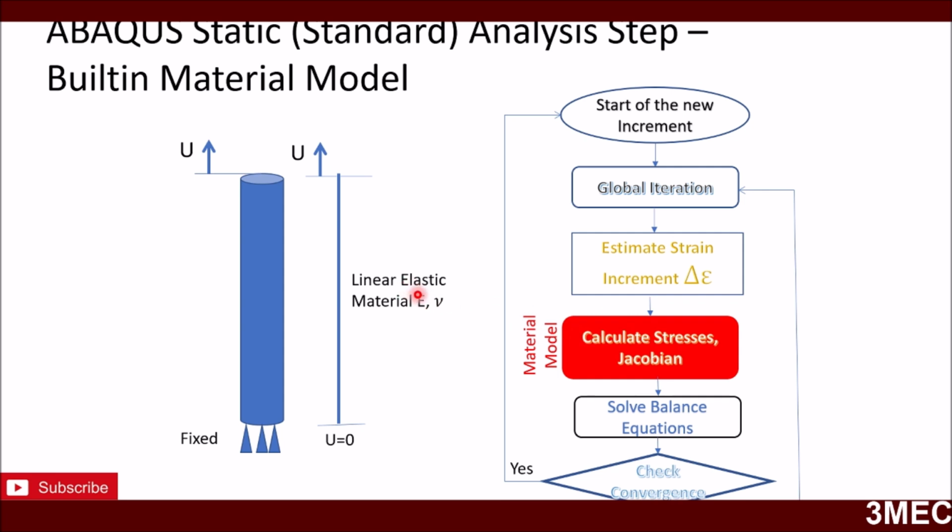In this case it's a linear elastic model, so it will use sigma equals E times epsilon or whatever, and compute the stresses and the Jacobian. So for a material model in a standard static analysis, you are supposed to calculate the stresses and Jacobian. I will come back to the Jacobian later on.